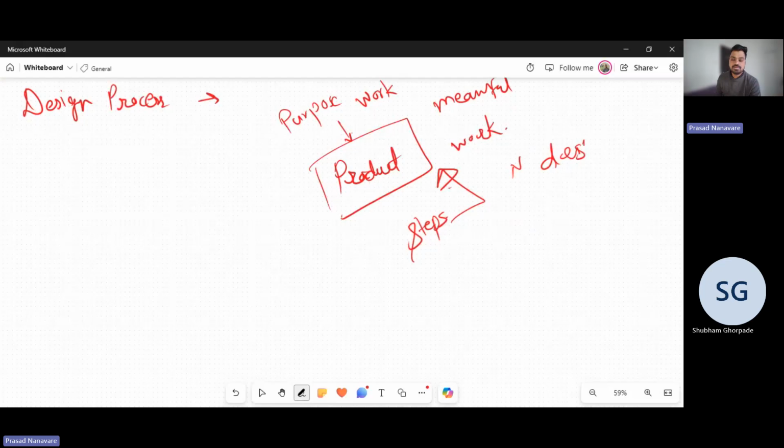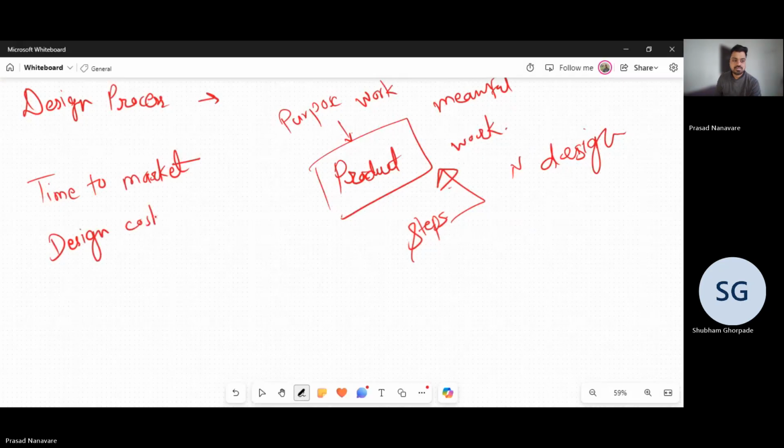But in the embedded industry, these three things are given value: time to market, then design cost, then quality. These three things are given extreme importance.